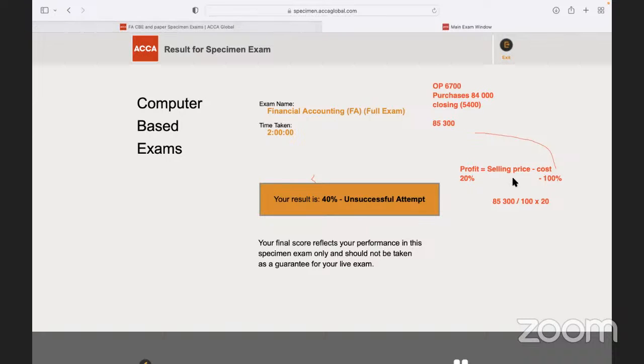Yeah, if you want, you can calculate the sales also, but in this case, the profit is the gross profit. Okay, the profit that we are considering, guys, is the gross profit over there.